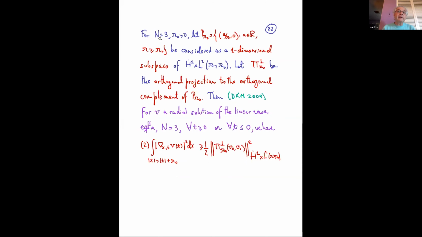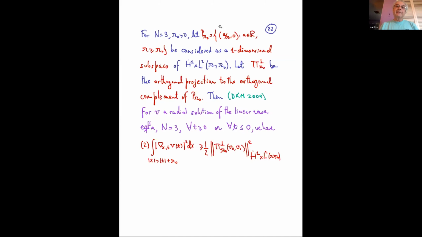We have n equals 3 dimensions. We have R naught bigger than 0, and we consider a 1-dimensional subspace of H1 cross L2 as all the multiples of (1 over R, 0). And the significance of 1 over R is that it's the Newtonian potential in 3 dimensions: 1 over R to the n minus 2, and n minus 2 is 1.